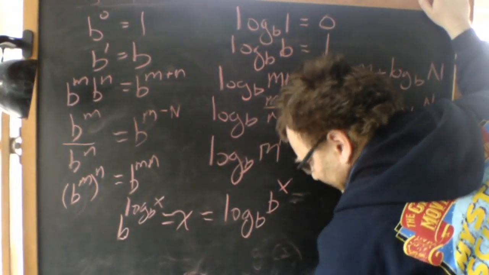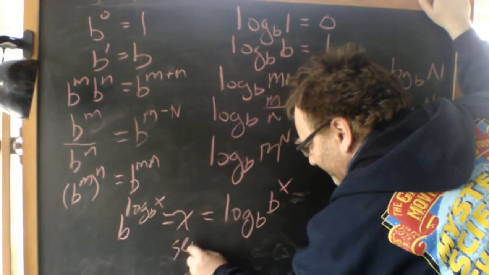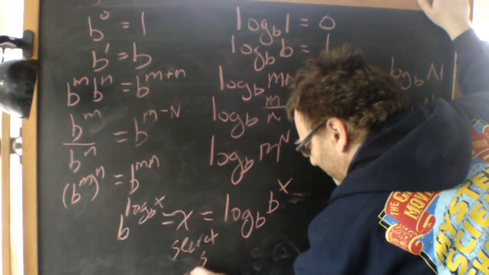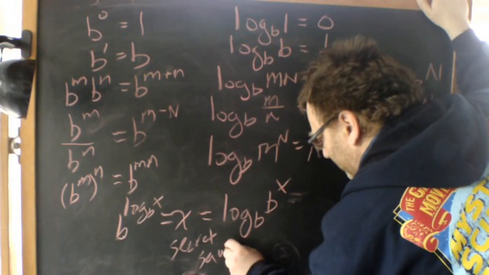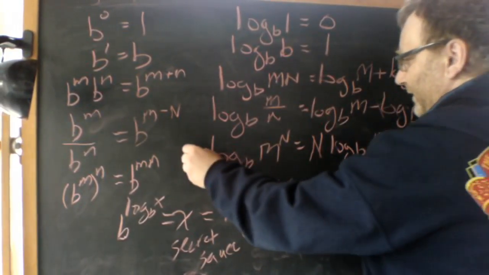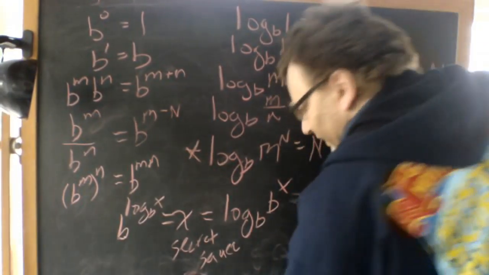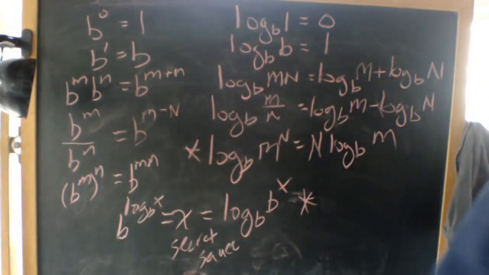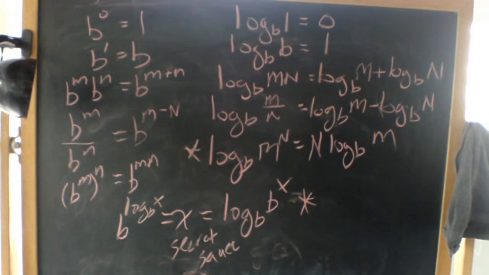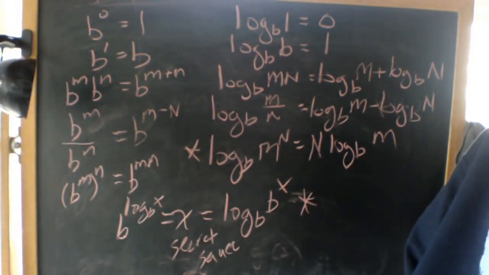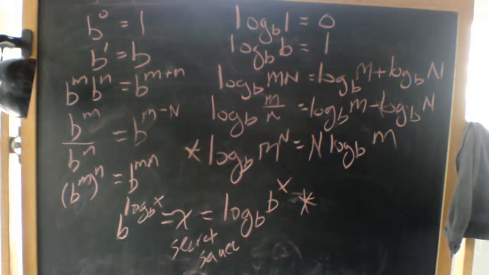And as I tend to say, this is our secret sauce. These inverse relationships we tend to use to pull things out from exponents as we go through. So look at these.